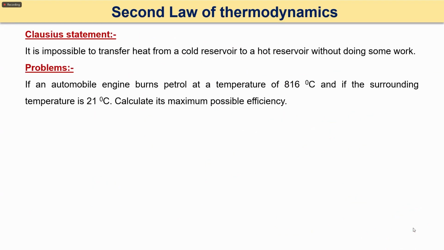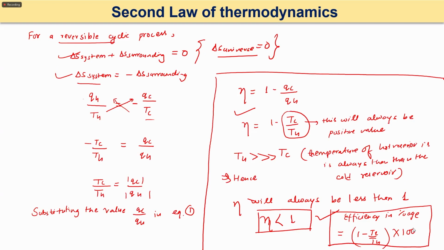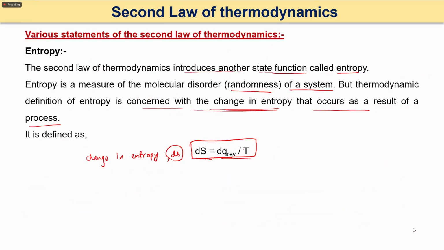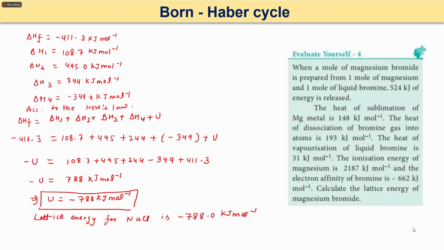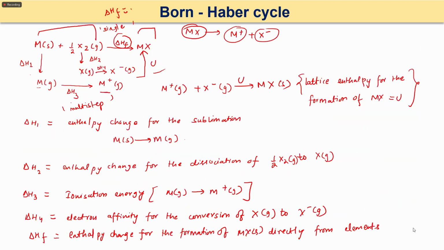In the next class we will study the Clausius statement of the second law of thermodynamics, and then we will solve some problems. This is what I had for this lecture. We studied the Born-Haber cycle.